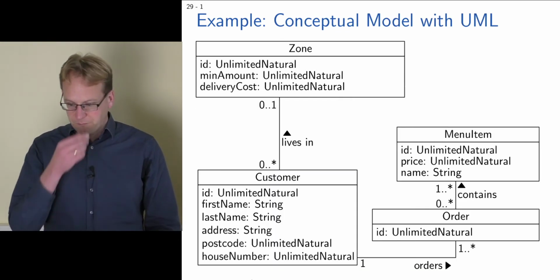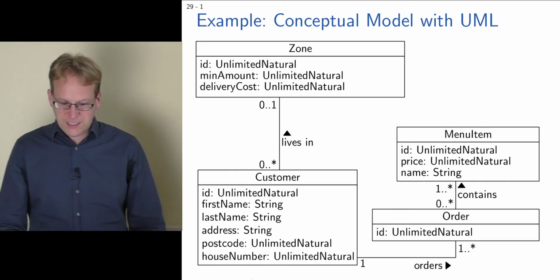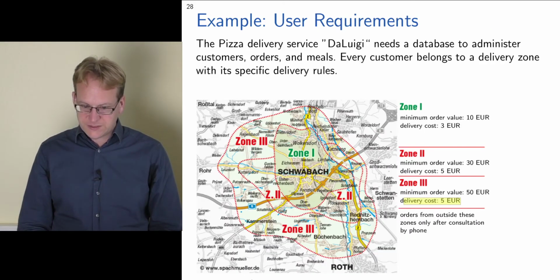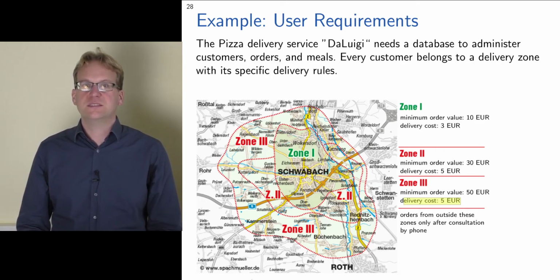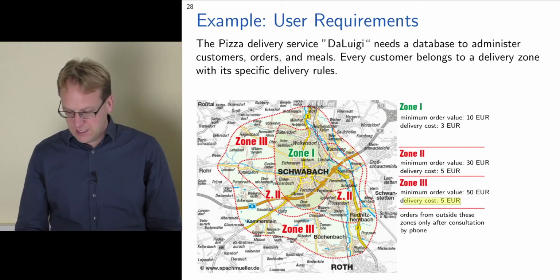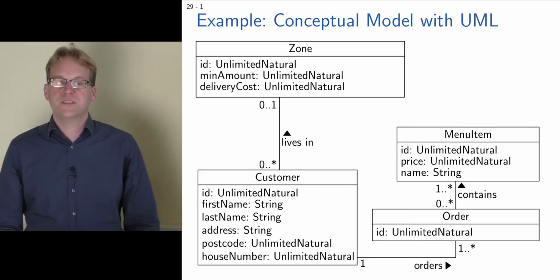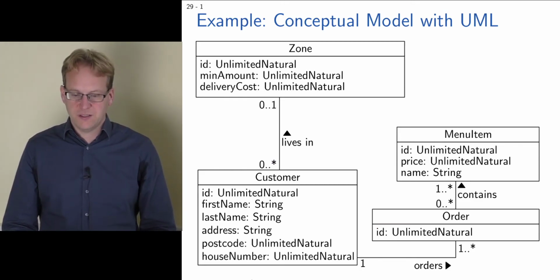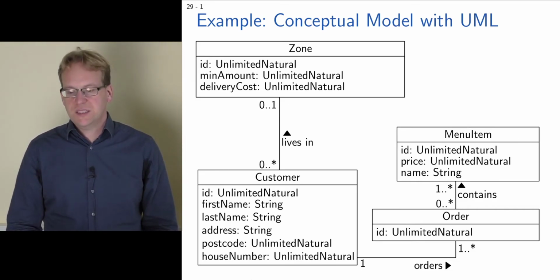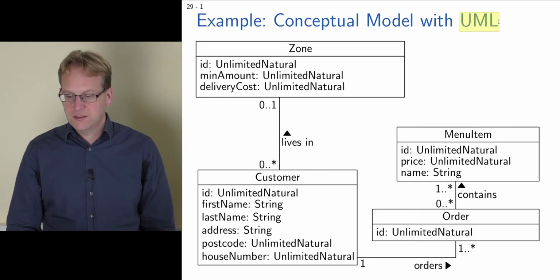And now I want to start already. Let's say we are having a nice discussion with these people, we know what they want, and now we come to the first draft of the conceptual model. What I'm using here for conceptual modeling is UML.